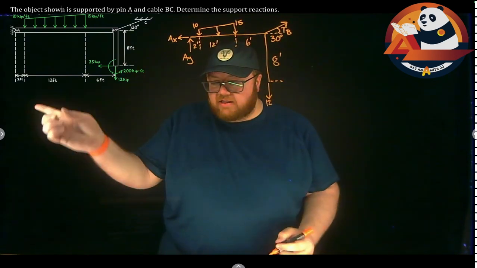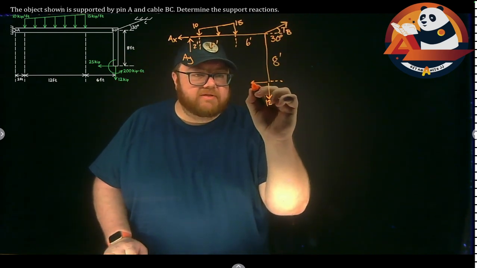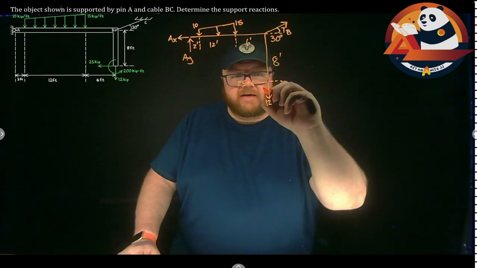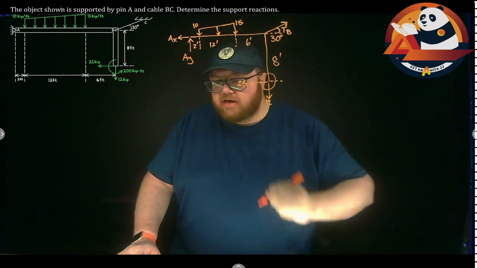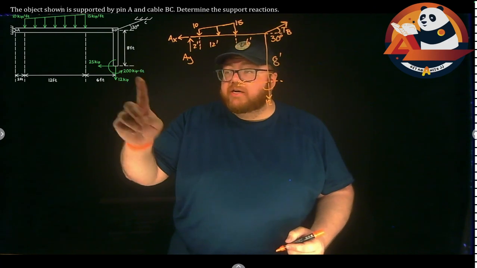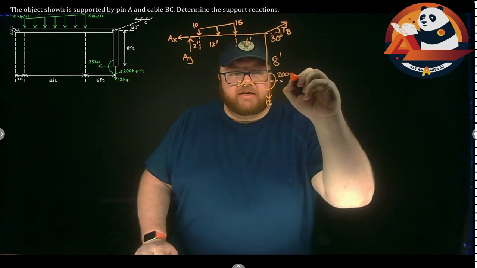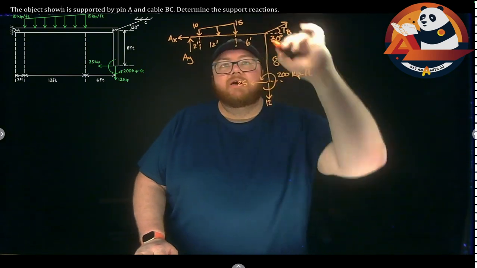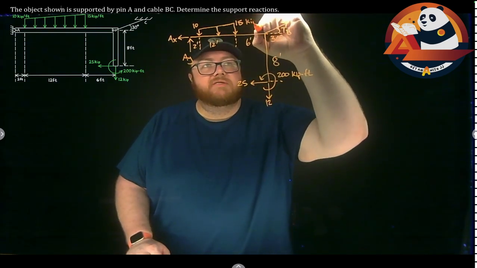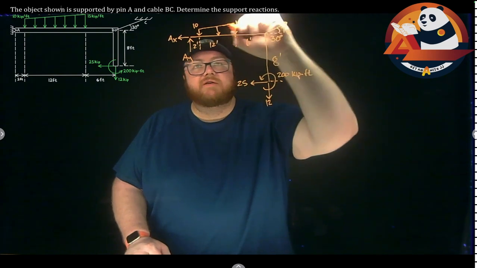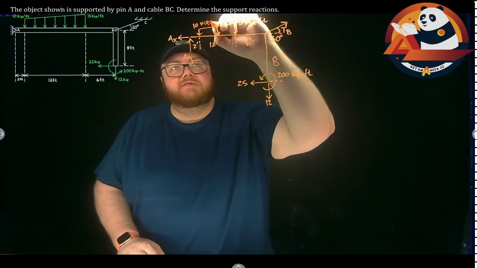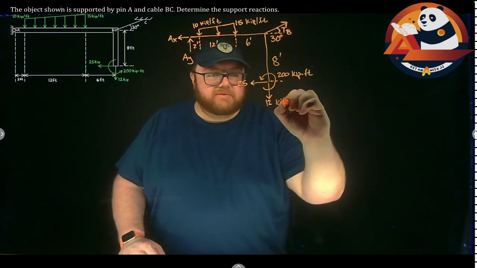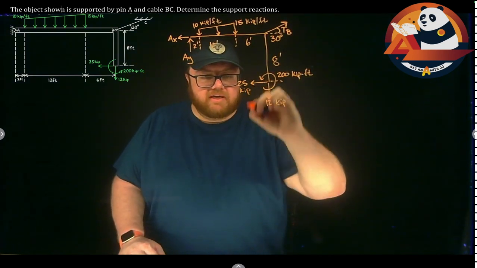I have to the left, 25 kips, 25. And there's an applied couple moment here. It is going counterclockwise, and we're given it is 200 kip feet. So 200 kip feet. Our distributed loads in kips per foot for both of these. TB, 12 kips, 25 kips.